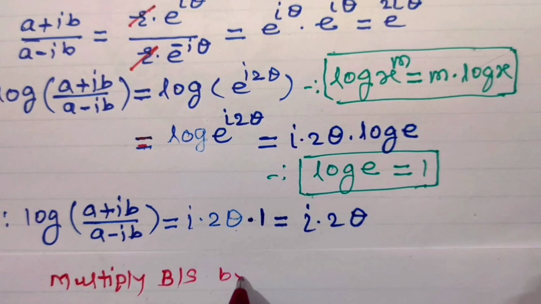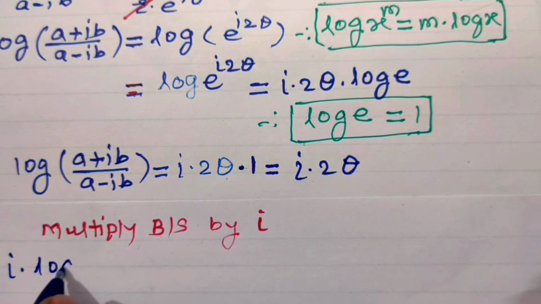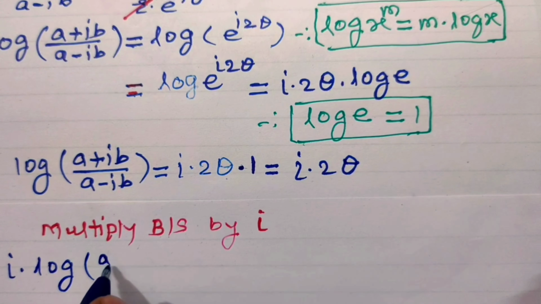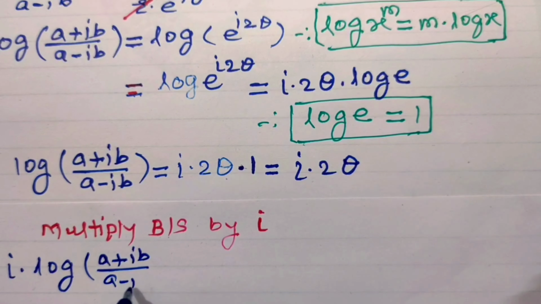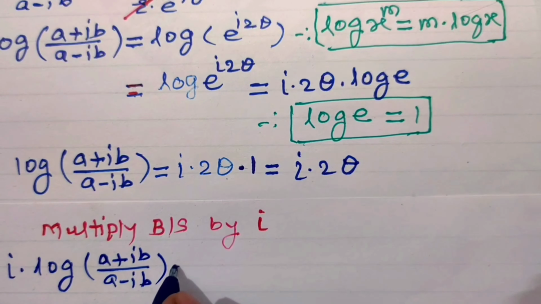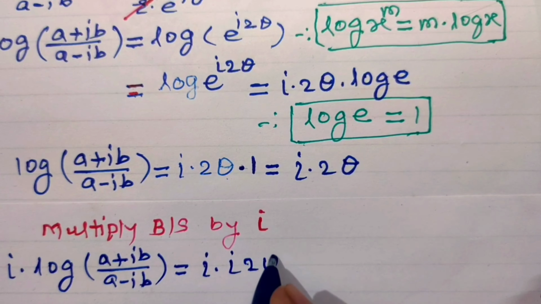Hence i into logarithm of (a plus ib) divided by (a minus ib) is equal to i into i 2 theta. Here i into i is equal to i square, and you know i square is minus 1.